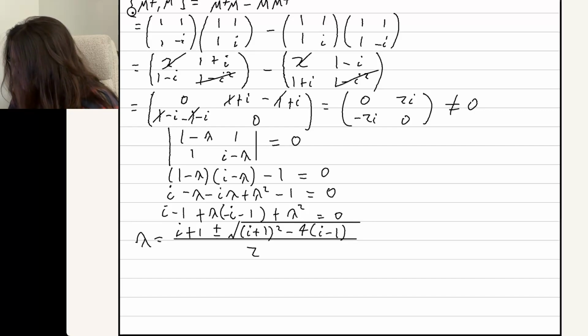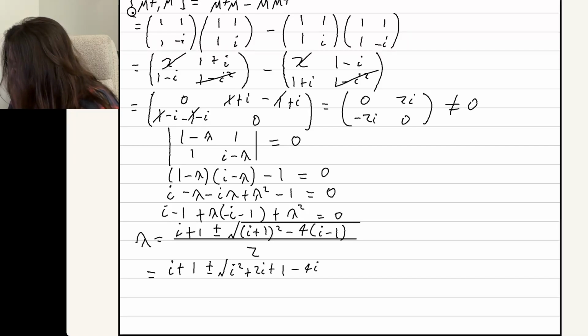So just simplifying the stuff inside of the radical, we have I squared plus 2I plus 1 minus 4I minus 4 in there, and that's all over 2.